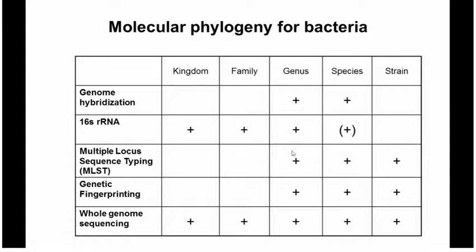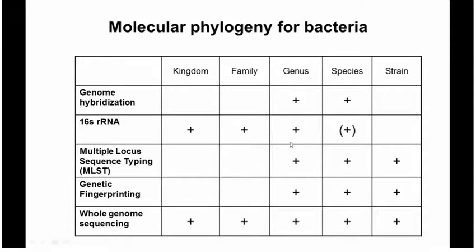Genetic fingerprinting, depending on the kind of repeated sequences, gives genus, species, subspecies. Multiple locus sequence typing, actually, you can probably go up a bit here, up to family, genus, species, depending on which genes you choose.